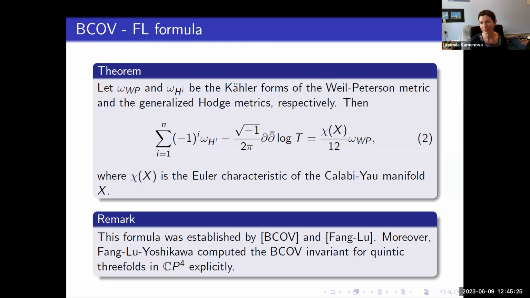This formula has physical origins, but Fang and Lu expressed it in a mathematical way. And moreover, for quintic threefolds in CP4, Fang, Lu, and Yoshikawa computed the BCOV invariant explicitly. So in a mathematical way, we have the formula in general for Calabi-Yau manifolds, and we have a lot of computations for quintic threefolds.